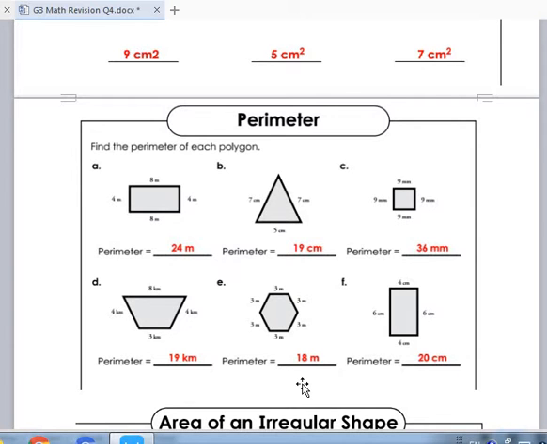Regular hexagon. Here I have this rectangle. Remember, each 2 opposite sides are equal in length and parallel. So this is my rectangle. The perimeter equals 4 plus 4 plus 6 plus 6, or 6 plus 4 all times 2. This will give me the same answer.